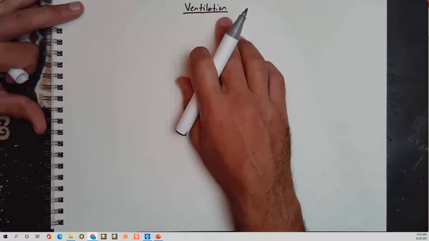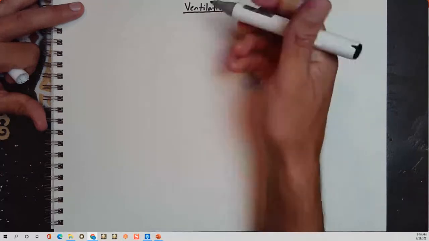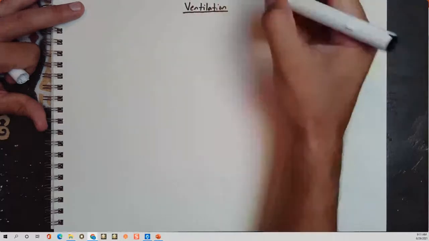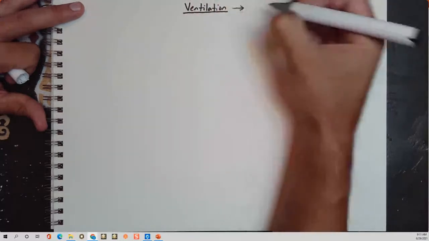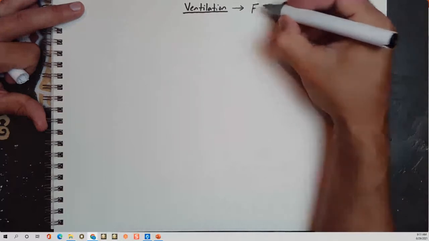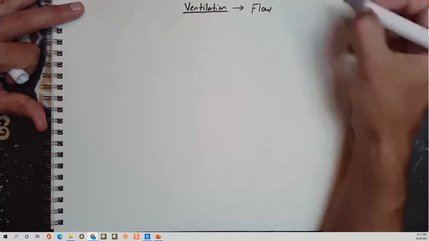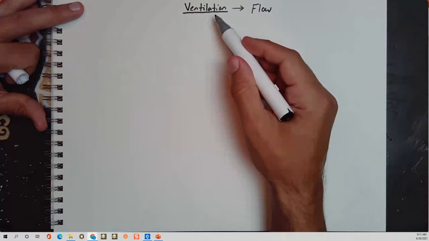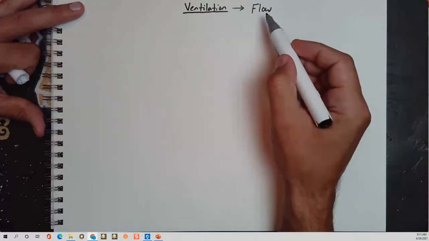But ventilation is mostly about forcing air in and out of our lungs. And this equation is defined by flow. So we're just going to go ahead and draw our little arrow here, and we're going to say we have flow. Ventilation is the physical act of breathing, and what it's going to create is airflow.